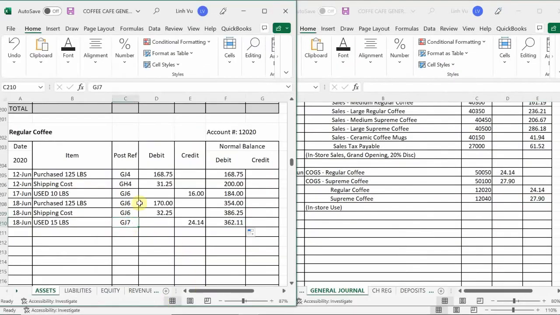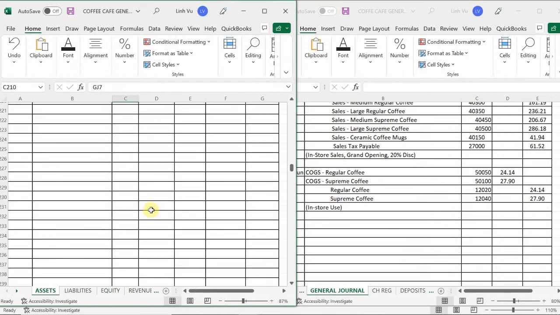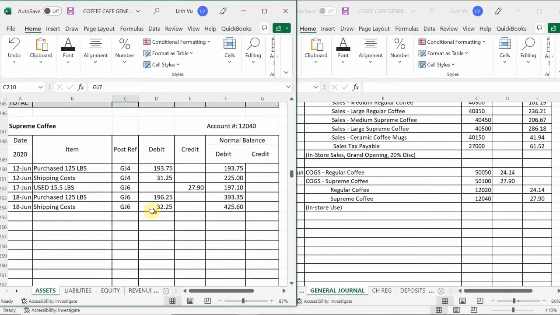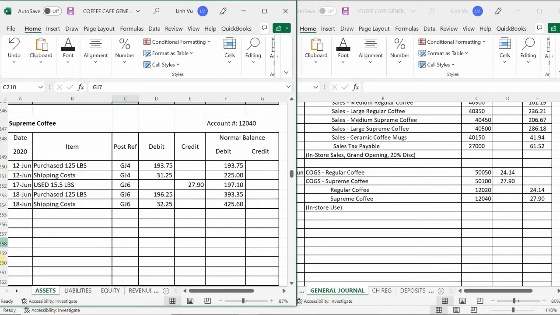Okay. And then we have to do Supreme Coffee. We used 15 pounds for how much? 27.90.